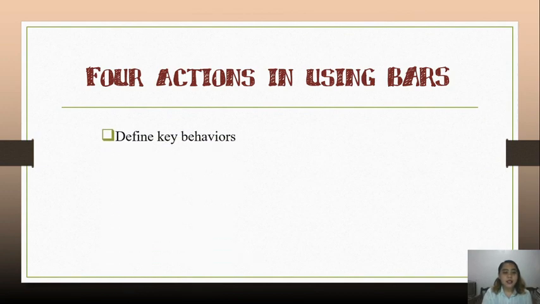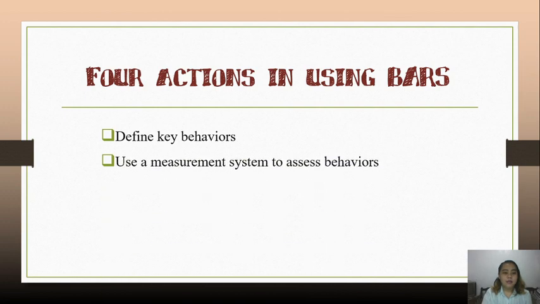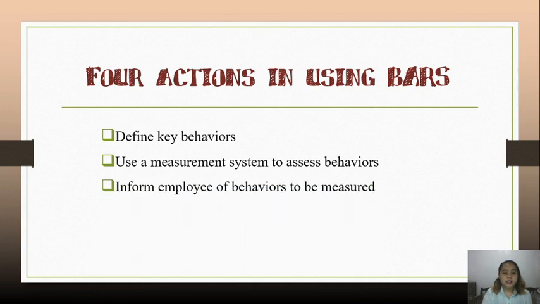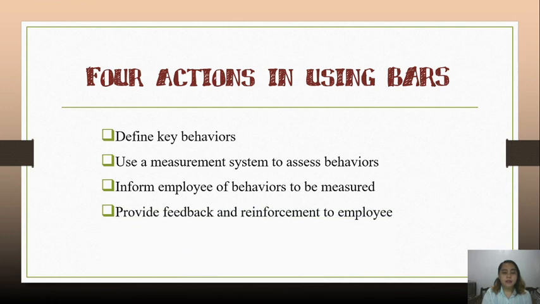First is define the key behaviors. Second is use a measurement system to assess the behaviors. Third is inform employees of the behaviors to be measured. Fourth is provide feedback and reinforcement to the employee. So those are the 4 actions in using BARS.